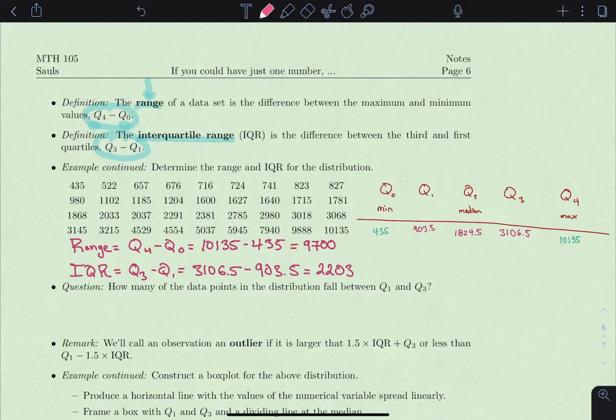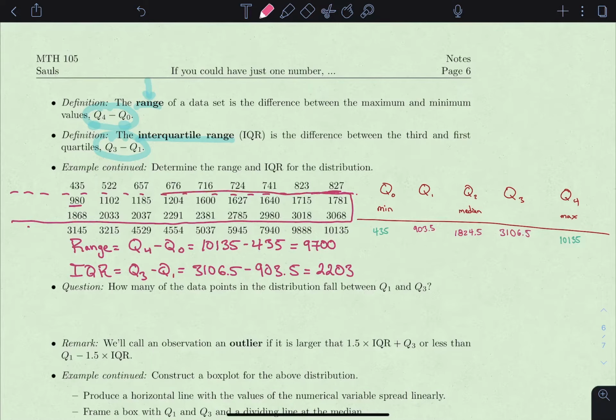Great. So the next question is, how many of the data points in the distribution fall between Q1 and Q3? So Q1 is larger than 827 and less than 980, so it's smaller than the 3 rows that I just sectioned off. And likewise, Q3 separates off this.